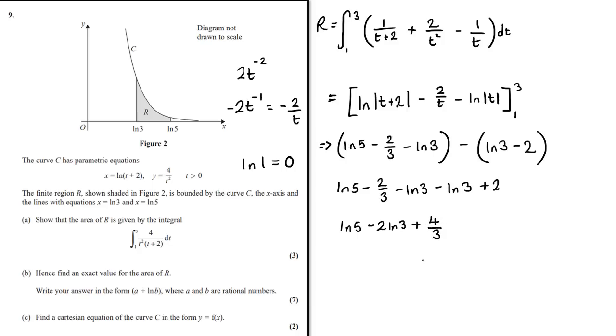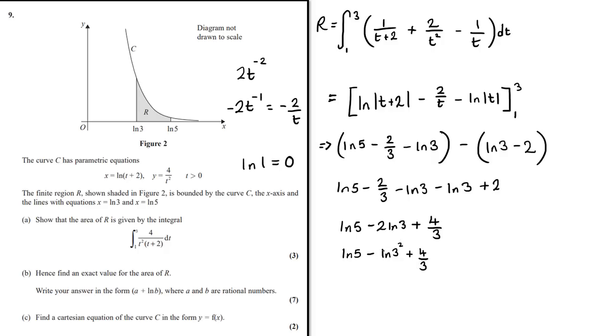Okay. And then what I need to do here is simplify this. This is given as a single natural logarithm. Well, this 2 ln 3, we can write that as, so just put ln 5 back in here. This now, using the power rule, we can write that as minus ln 3 squared plus 4 over 3, and then because this is a subtraction, we can write that as a quotient.